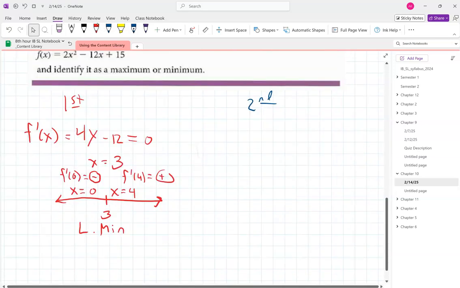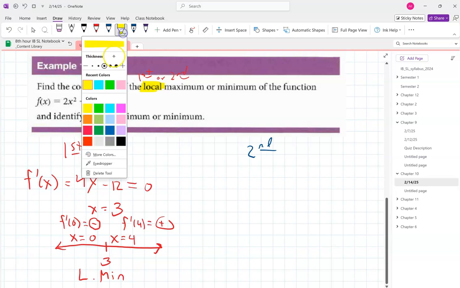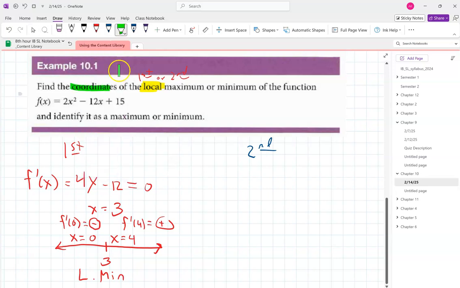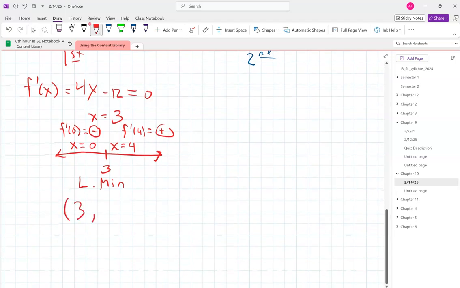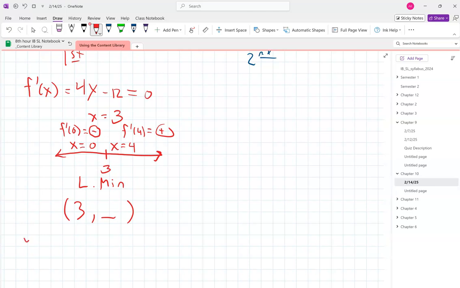All right. But the problem says it wants the coordinates. So it wants like an x comma y. We don't have the y, right? How do we find that? We plug it back into the original function.